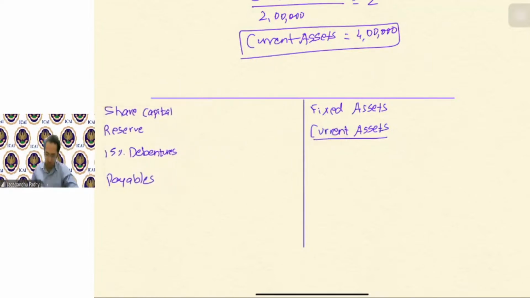Share capital is 10 lakh 50,000 is what we have computed, and reserve of 4 lakh 50,000 is also computed. Debenture of 4 lakh is also computed. Payables is given as 2 lakhs.